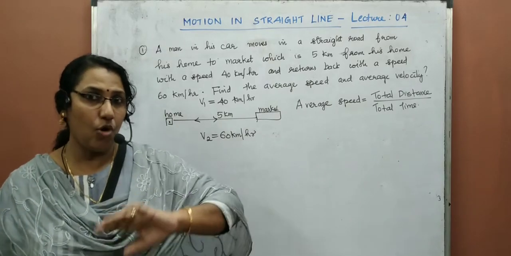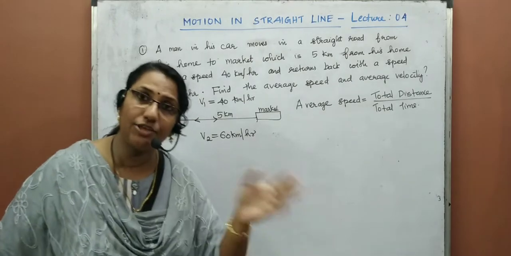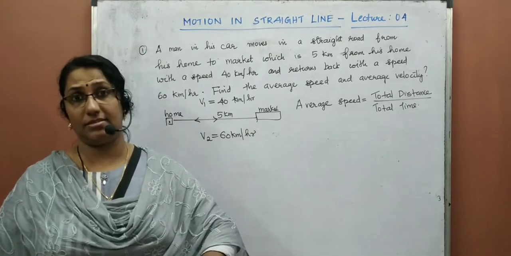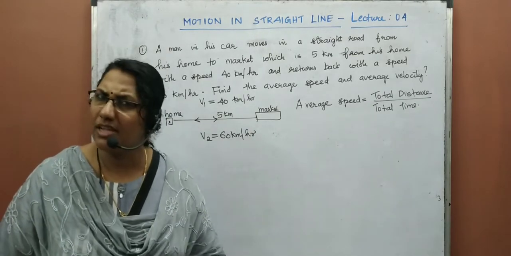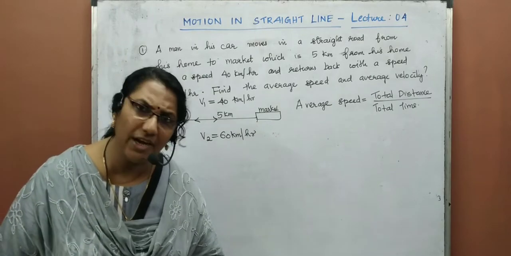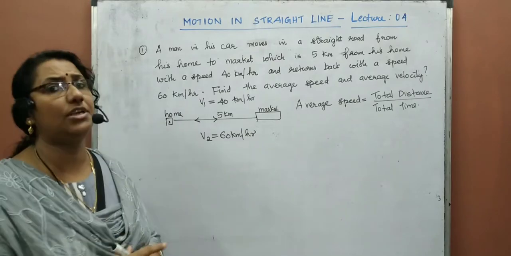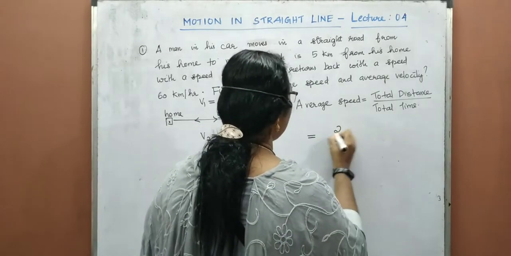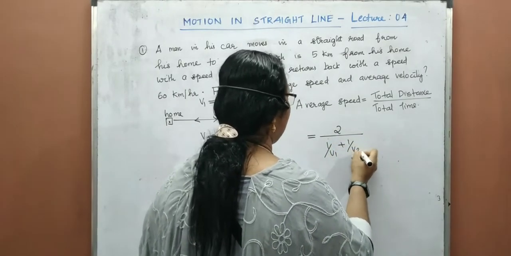What was the equation to find the average speed? You have to learn the equations by heart. Yes, it is 2 by (1 by V1 plus 1 by V2).